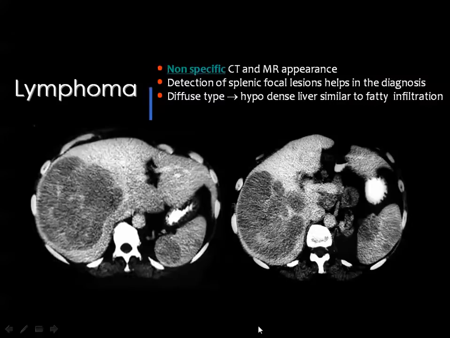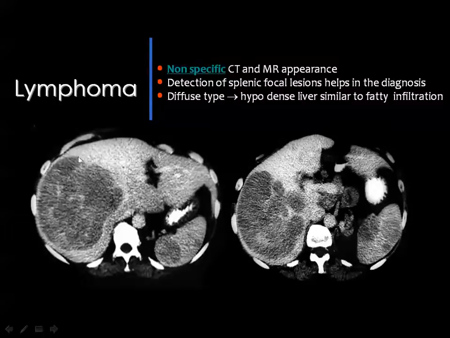In my opinion, the most reliable diagnostic criterion for lymphoma in the liver is to identify other lesions in the spleen, because you know that the most common solid lesion in the spleen is lymphoma. I will explain this in the splenic lecture.